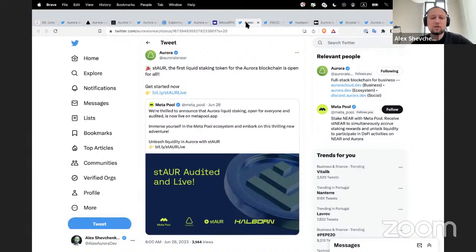Together with liquid staking, with their solution, you would be able to use ST Hour or staked Aurora in other primitives and other DeFi protocols, and potentially get some additional bonuses from the tokens that are liquid for you.